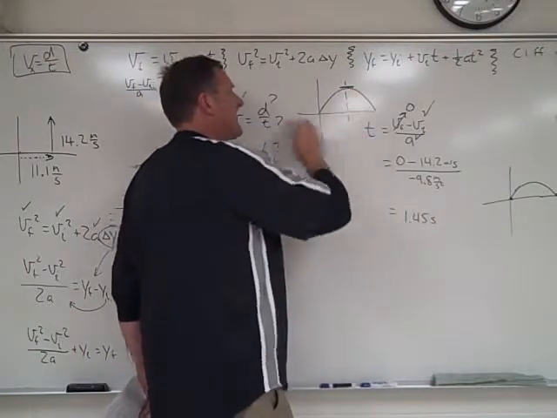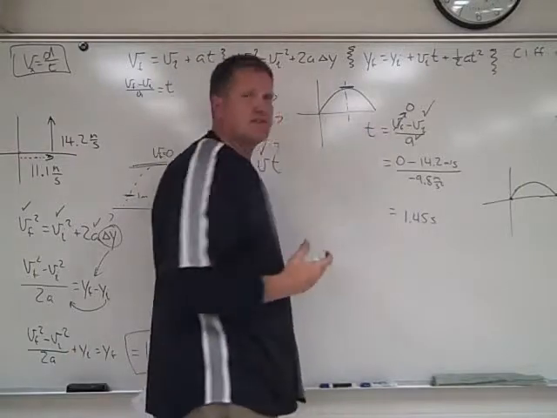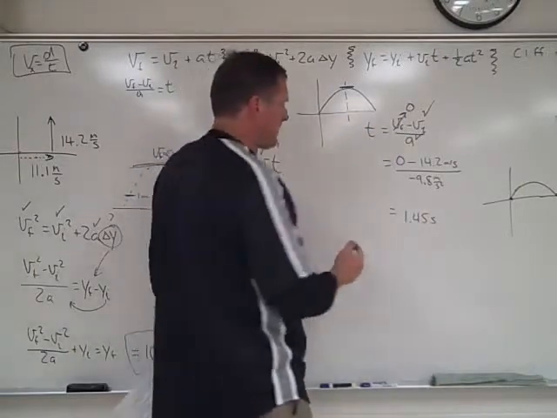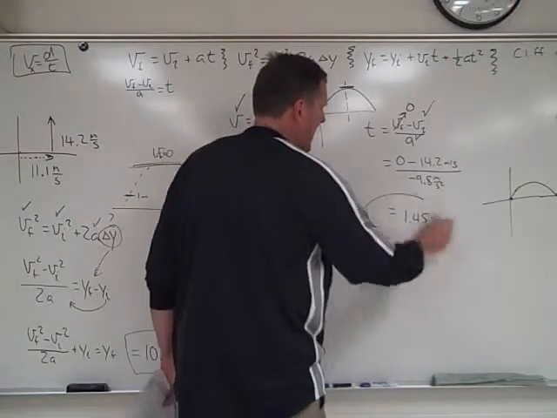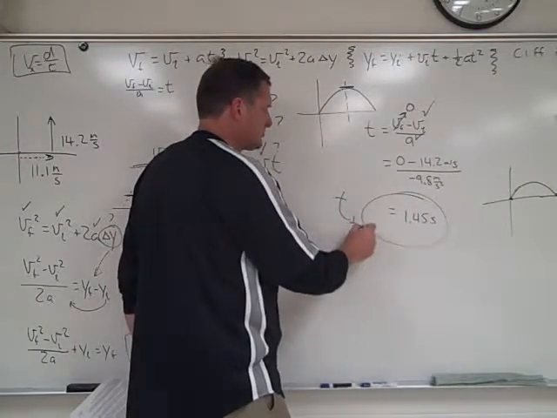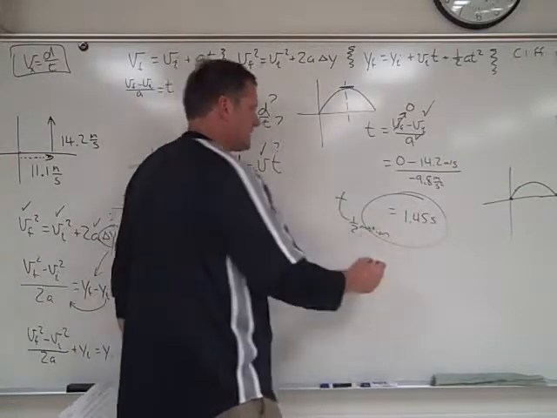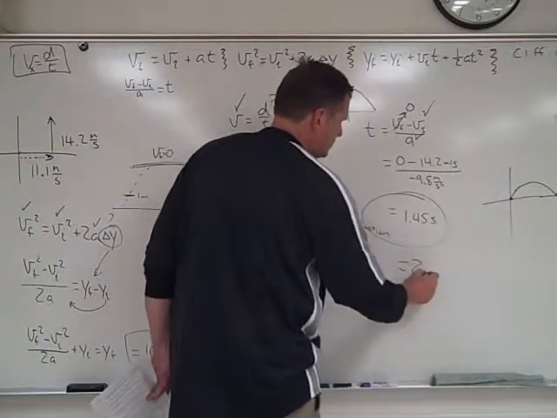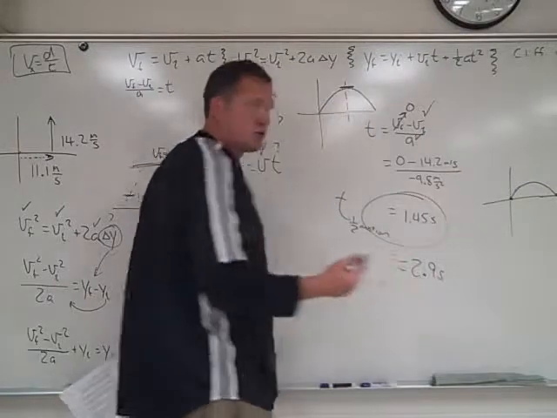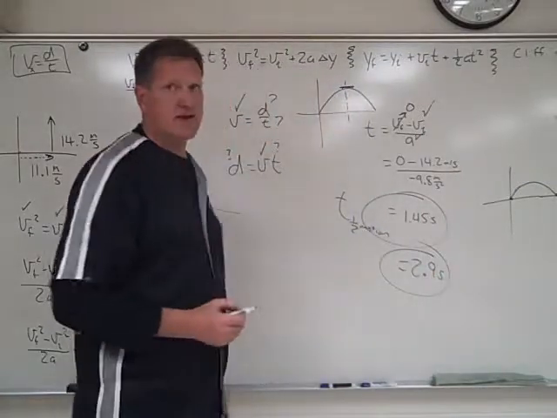But that only gives us time for half the motion. It does not tell us how long the ball was in the air for the full motion, so always multiply by 2. For half the motion, we get 1.45 seconds. If we double that, we get 2.9 seconds, which agrees with the quadratic equation. So we know it's been in the air for 2.9 seconds.